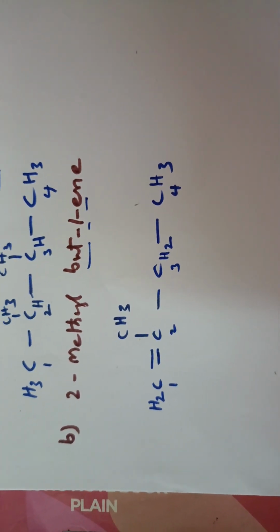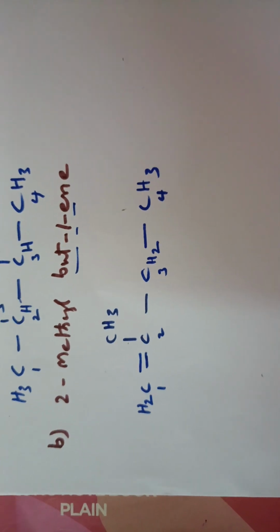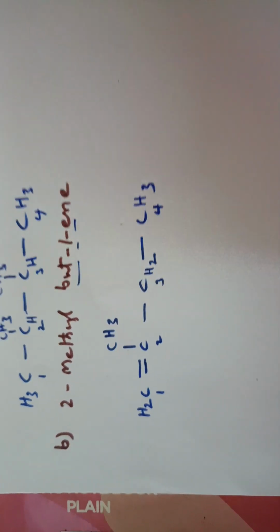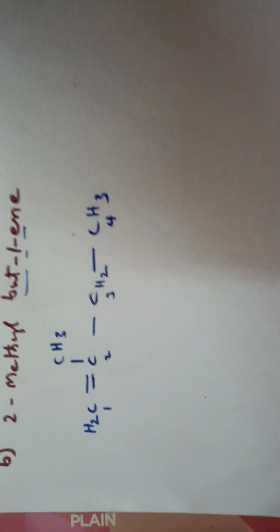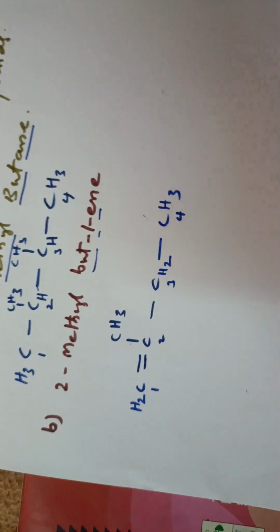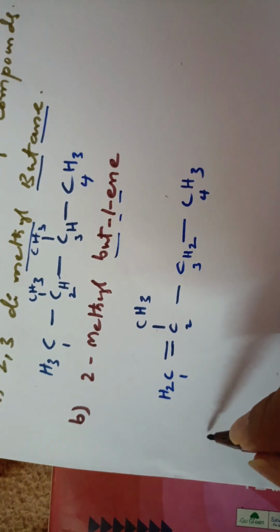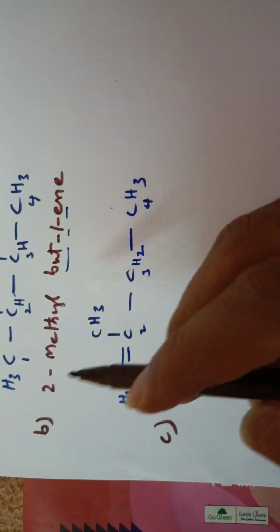Okay, and next compound. I am writing this question paper: 2,3-dimethyl butane, 2-methyl but-1-ene, para-nitrobenzaldehyde.